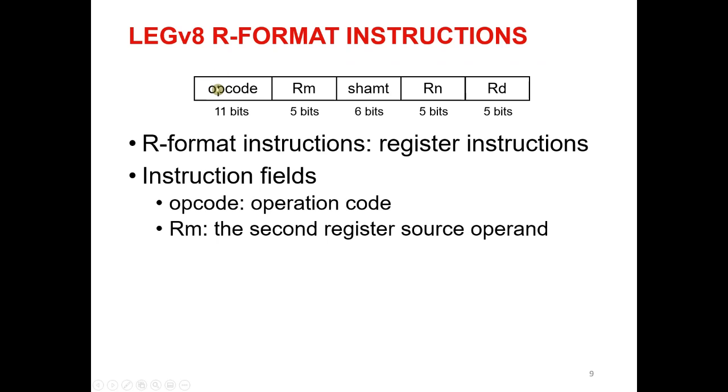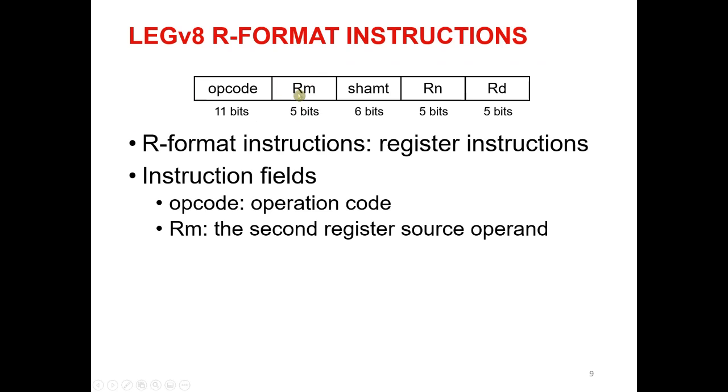The next field of this instruction you can see here is called Rm. Everything starting with an R refers to a register. For this we have 5 bits. Why 5 bits? Because remember that in LEG-V8 we have 32 registers. So with 5 bits we can refer to any of the 32 registers.